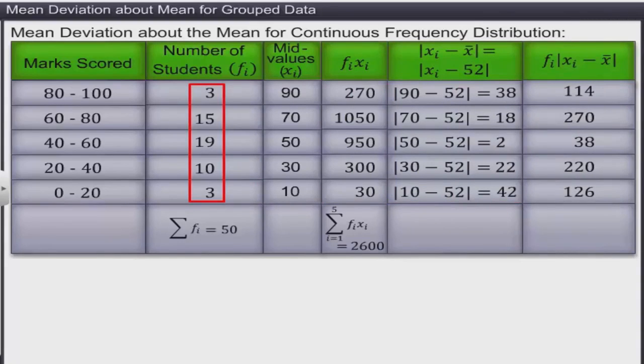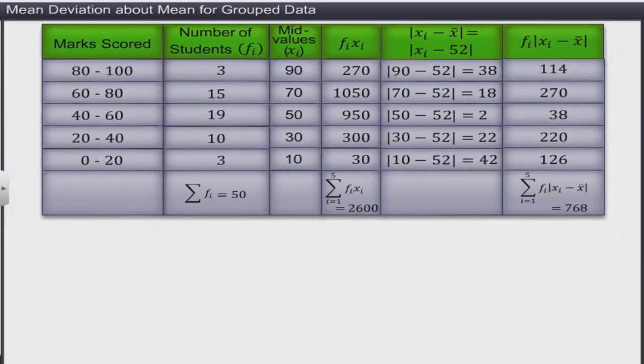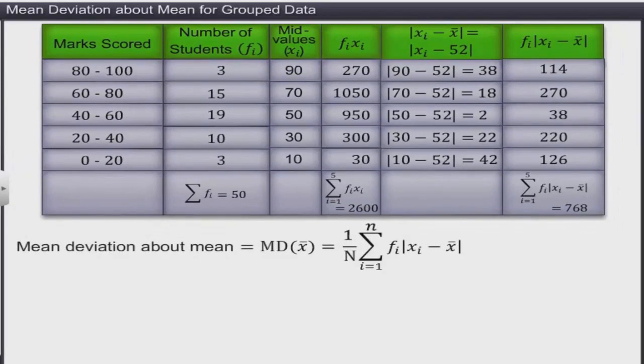The sum of the products of the absolute values and their respective frequencies is equal to 768. Therefore, the mean deviation about the mean is equal to 768 divided by 50, which is equal to 15.36.